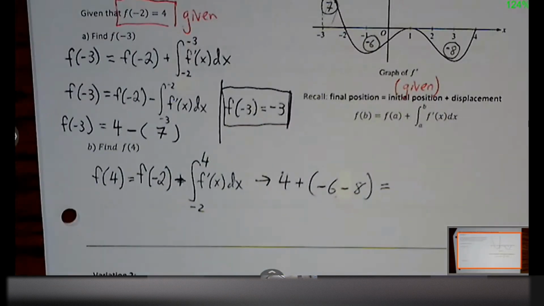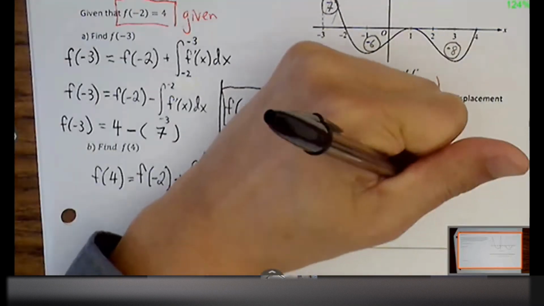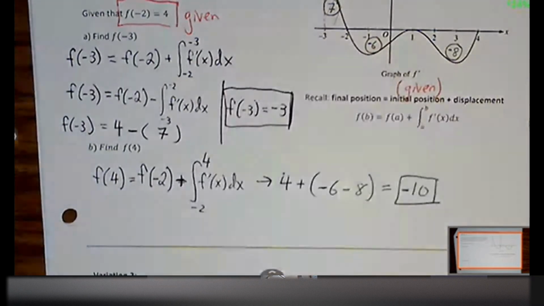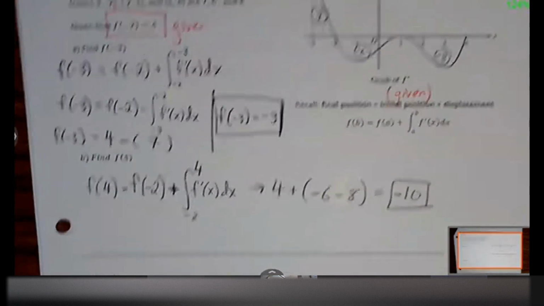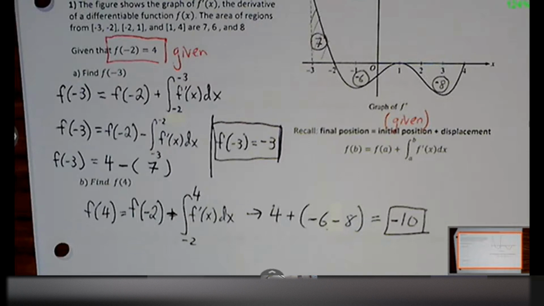Putting down exactly what I see, 4 minus 14, -10. Okay, how are we with that?